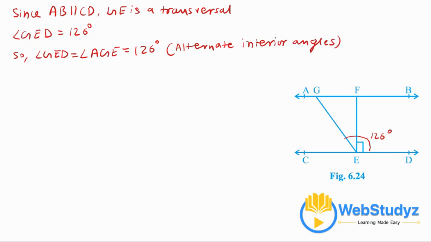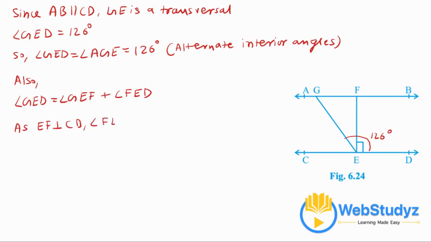Now note this, angle GED is equal to angle GEF plus angle FED, as EF is perpendicular to CD and angle FED is equal to 90 degree.